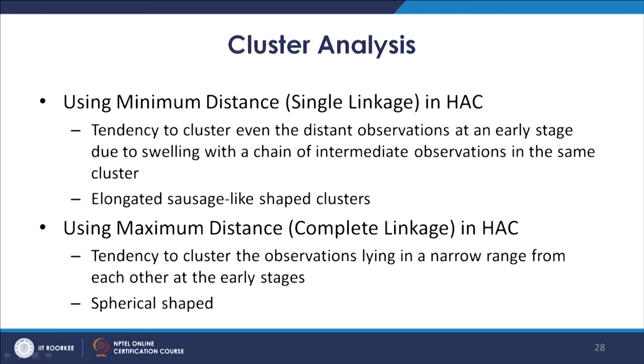When we use this minimum distance, there is a tendency to cluster even the distant observations at an early stage, due to a chain of intermediate observations in the same cluster. Even the distant observations can be part of the same cluster because of the minimum distance that we are using, since intermediate points are going to be there, and they will allow this to happen.